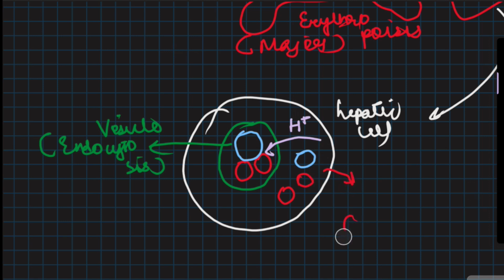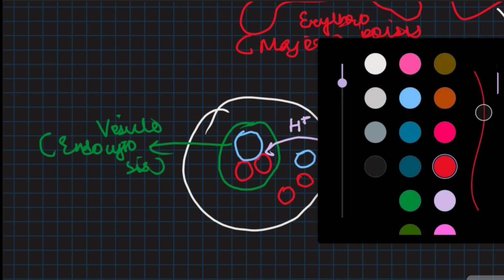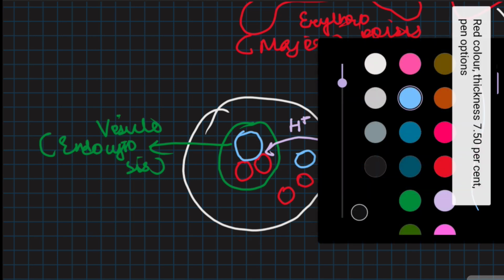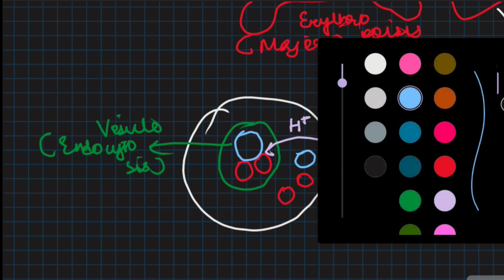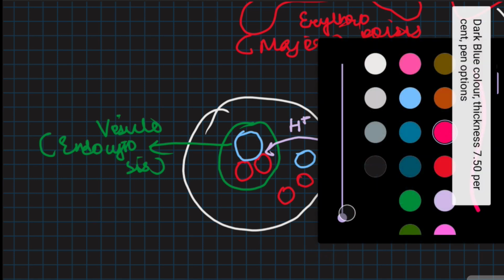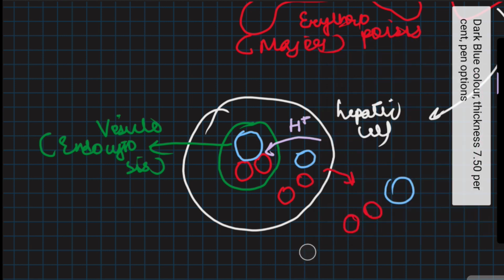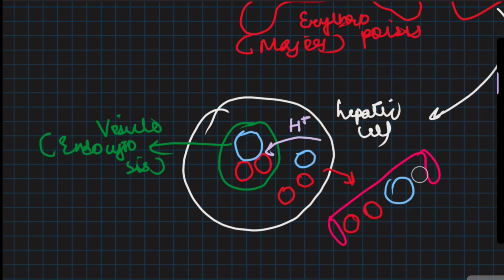So they get out of the cell, and they will again enter the systemic circulation. Right? So this is the physiology.